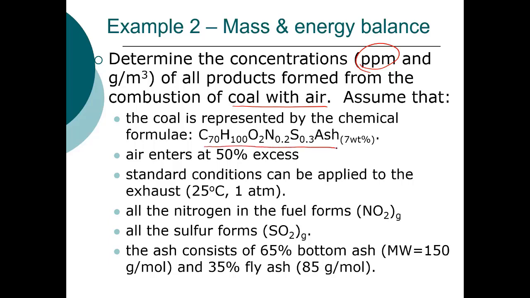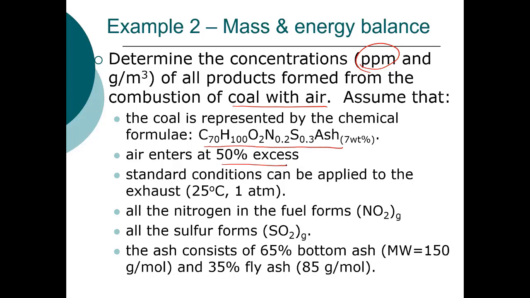We're going to use this equation here to represent the chemical formulation of the coal. We will assume that air is entering the system at 50% excess. So we're providing 50% more air than what we would require based on stoichiometry.